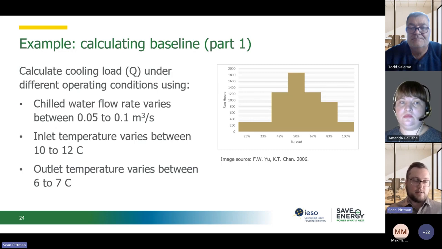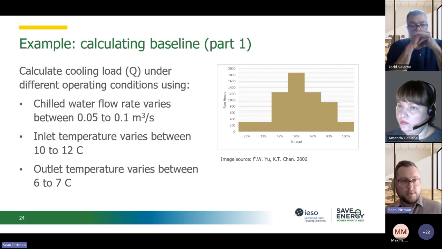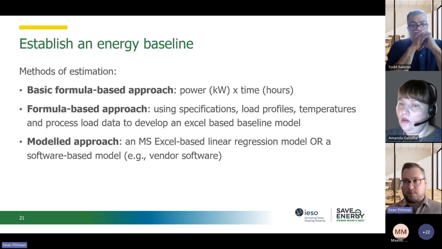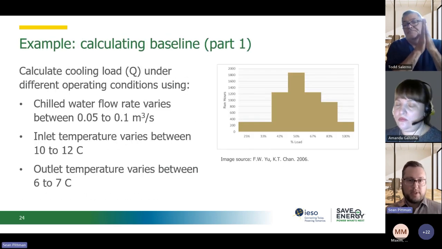On the higher side or the more advanced side, maybe you have to try to find some variables that are influencing the load on that chiller, whether that's production, outdoor air temperature, something like that. And that goes back to our model approach here, where we're going to start using a formula-based approach to develop more formulas.